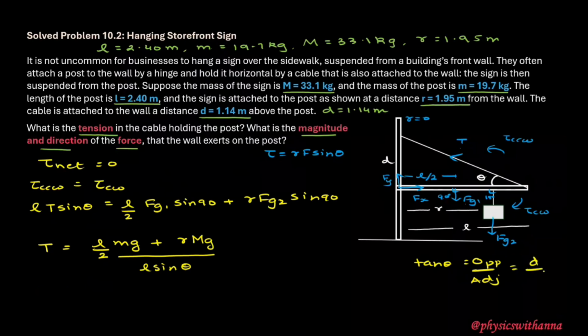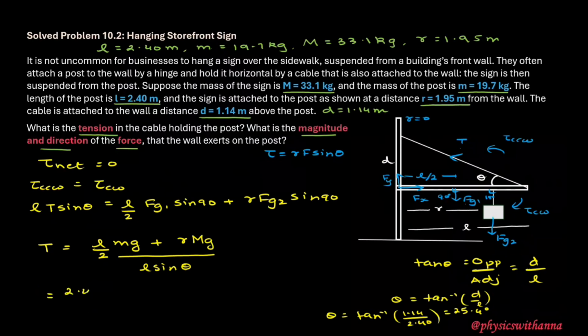Opposite side is d, adjacent side is L. So theta will be tan inverse d over L. That gives me tan inverse of 1.14 over 2.40, which gives you the angle equal to 25.4 degrees. So let's substitute that here.